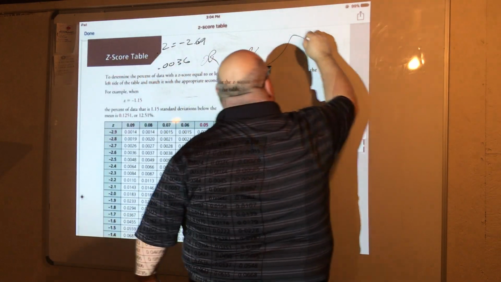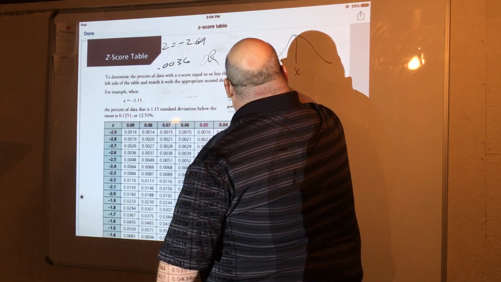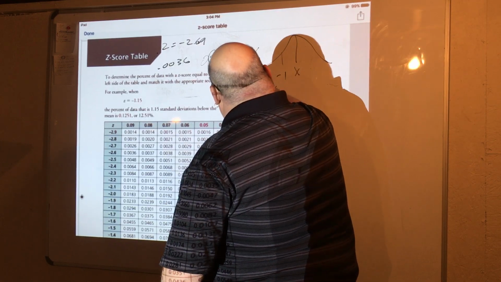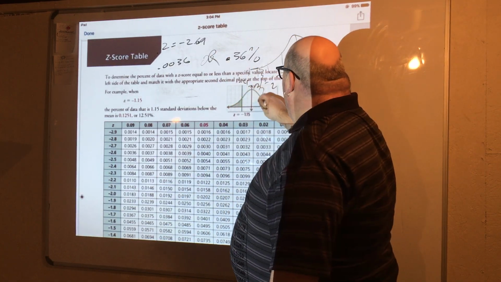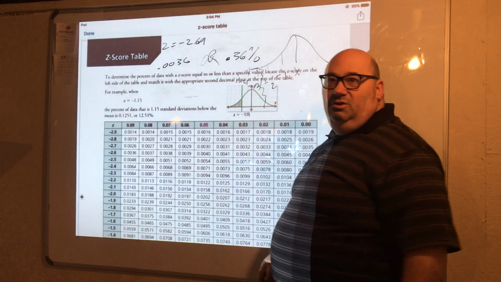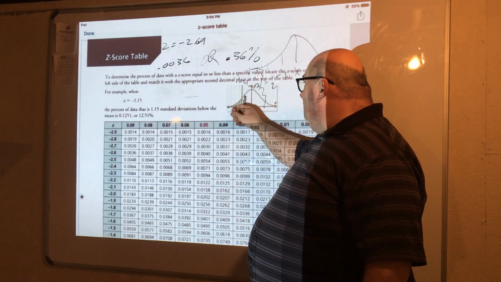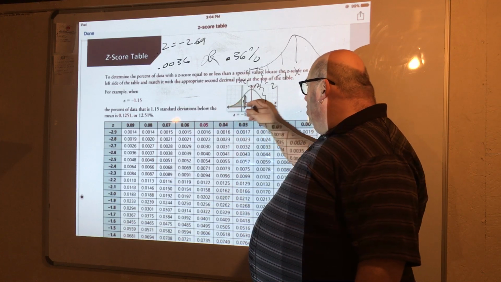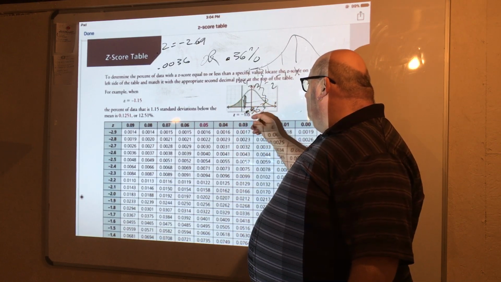So that's the negative z-score of negative 2.69. Remember our little picture here: negative 1, negative 2, negative 3, negative 4 over there. Deviations below, 2.69 is somewhere in there, right? But that means that from here to this part is 0.36%.